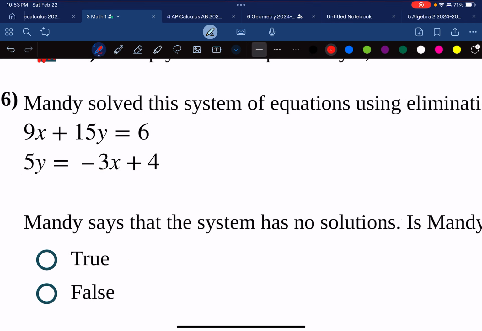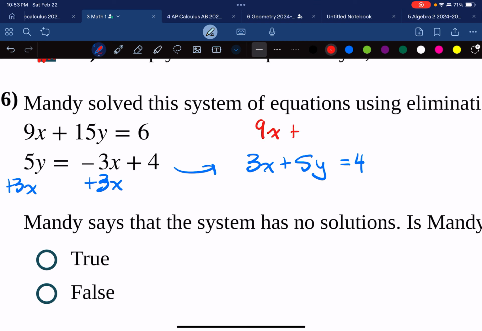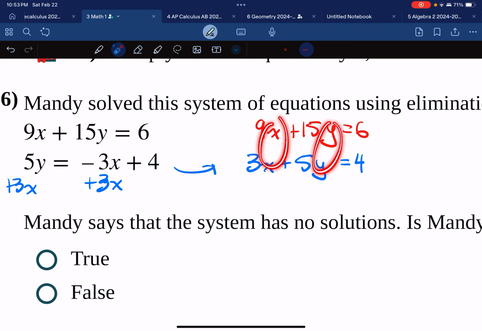That means I'm going to add a 3x on both sides, and my new equation shall be 3x plus 5y is equal to 4. And this first equation is still 9x plus 15y is equal to 6. Notice that I have my x's, y's and constants all lined up.